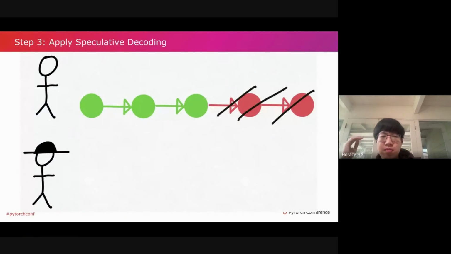This is basically the same idea as how it works with transformer inference, where instead of a senior engineer and junior engineer, we have our base model, which is the better model, and our speculative model, which is a smaller, faster to run model.